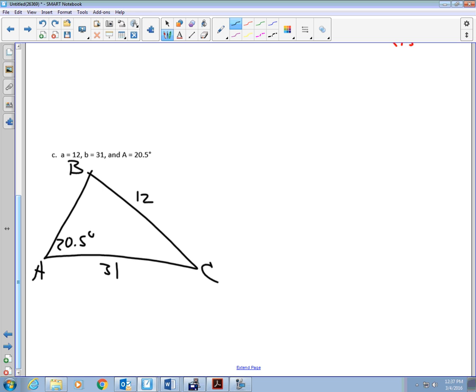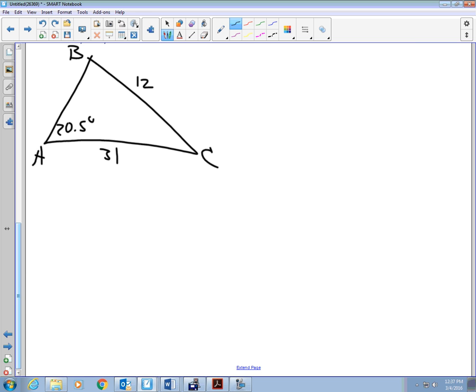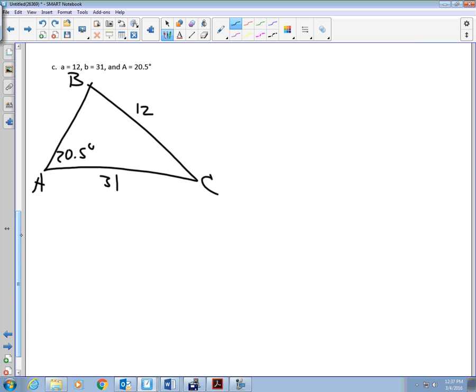Which of the 6 situations do I have? The side angle. Is the side opposite the angle longer than the other side or shorter than the other side? Shorter. It says that I either have no solution or 2 solutions. I don't know until I start to try to solve.